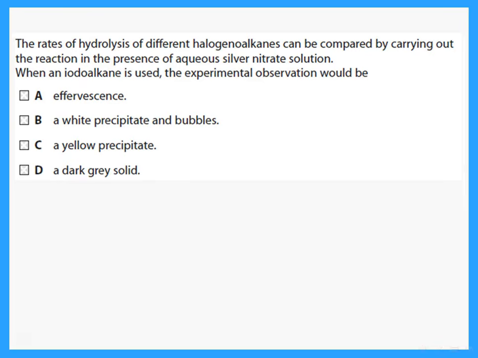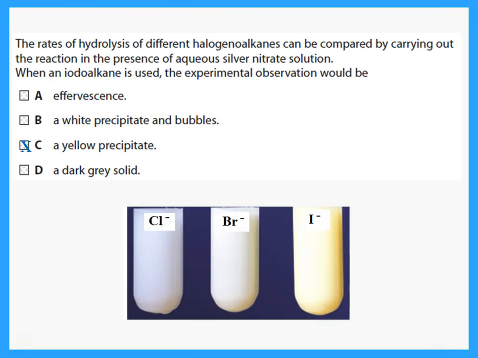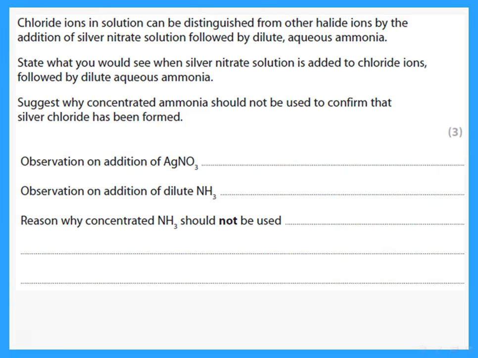The rates of hydrolysis of different halogenoalkanes can be compared by carrying out the reaction in the presence of aqueous silver nitrate. When an iodoalkane is used, the experimental observation would be, remember with the iodide, a yellow precipitate. Chloride ions in solution can be distinguished from other halide ions by the addition of silver nitrate followed by dilute aqueous ammonia.